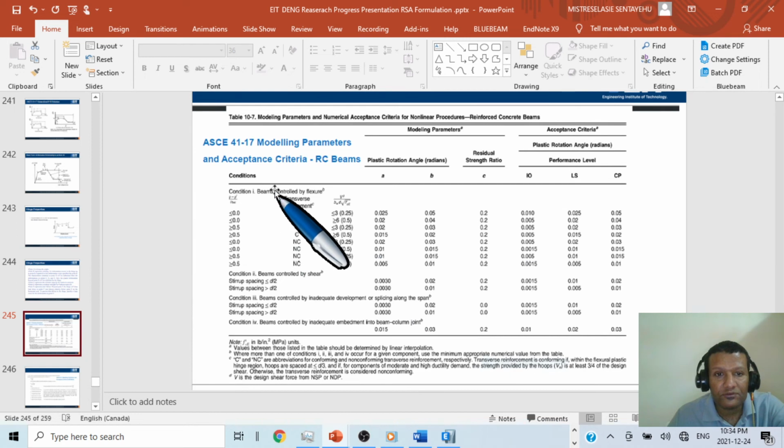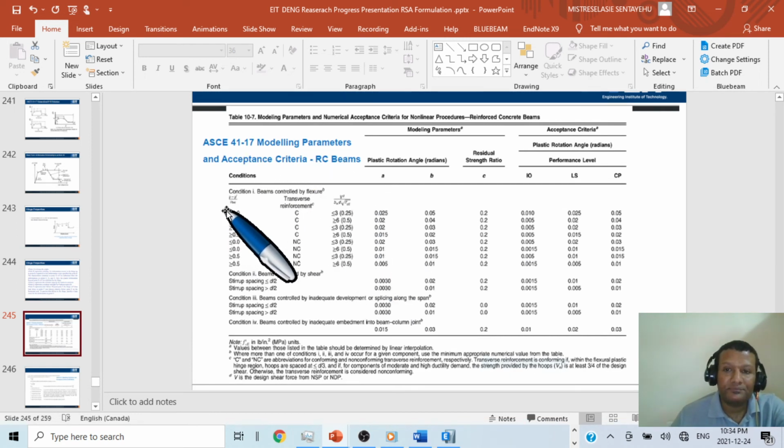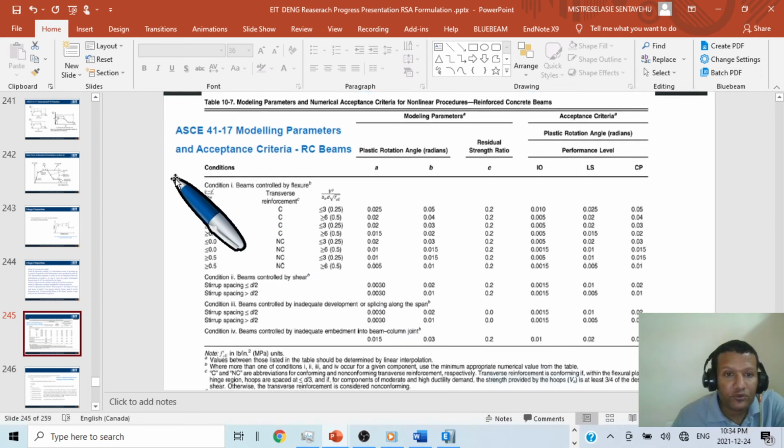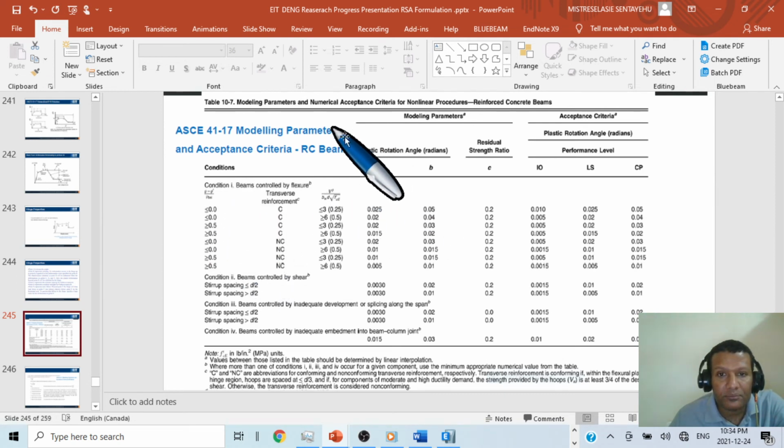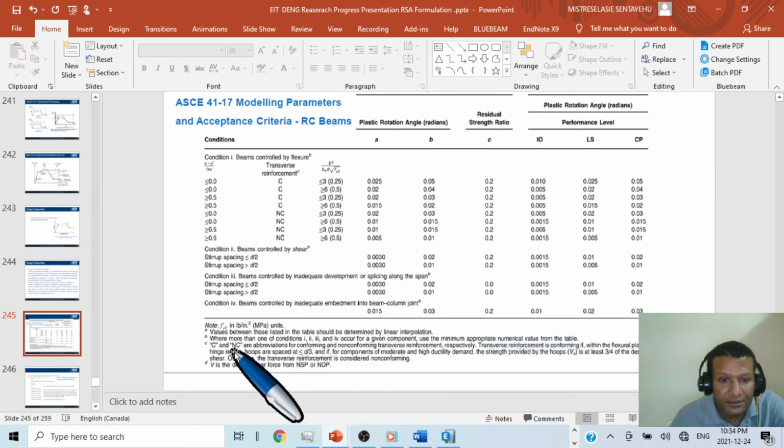So condition, for example, for your beam, first the reinforcement balanced, this alpha minus this is a formula you have to use for upper reinforcement and down reinforcement balanced, and the transverse reinforcement. C, what is C, is here, and end C, conforming and non-conforming.